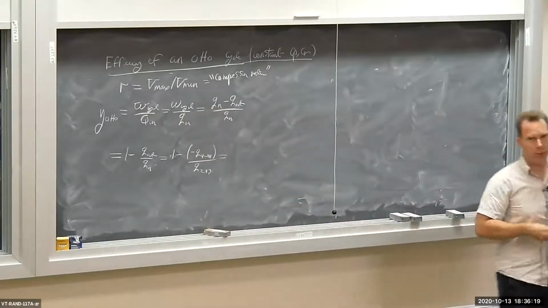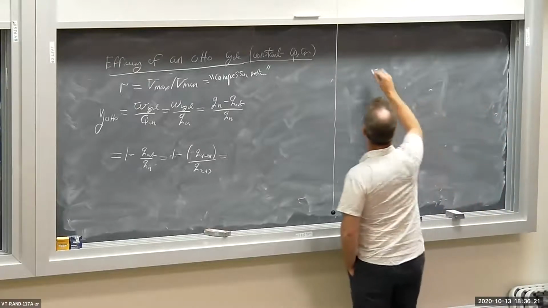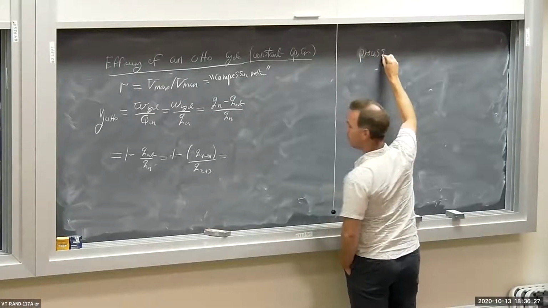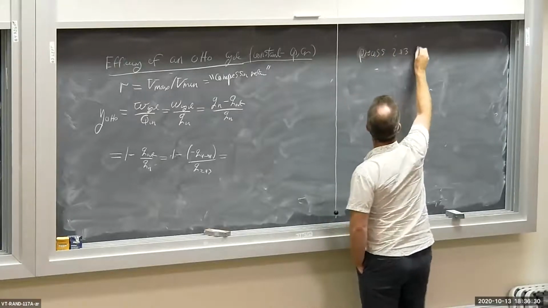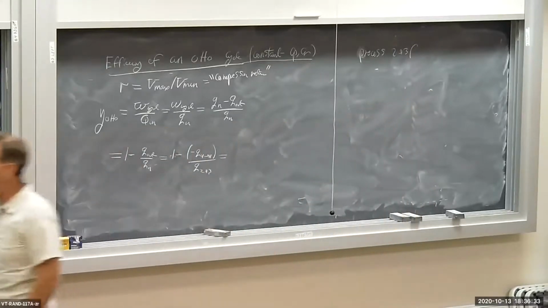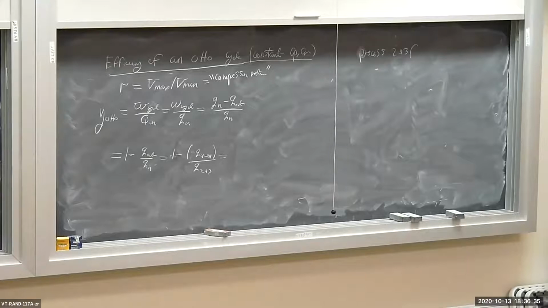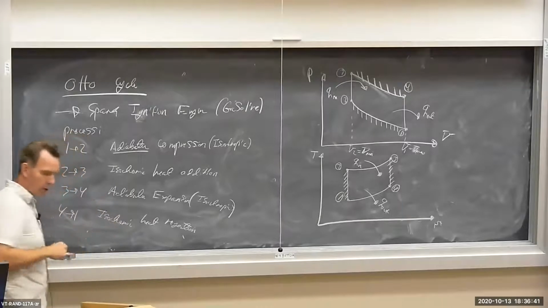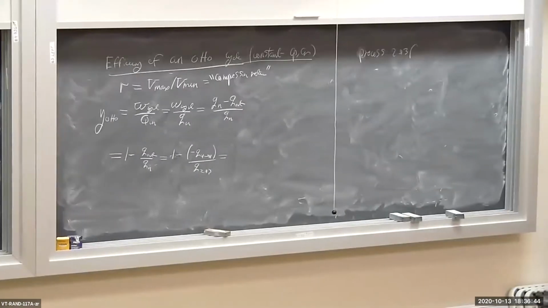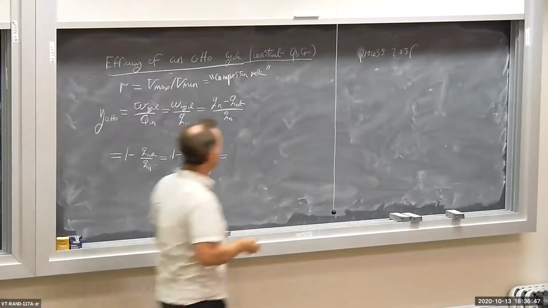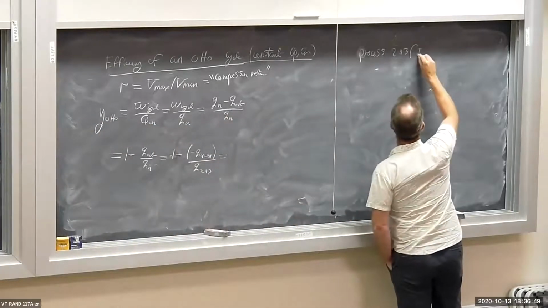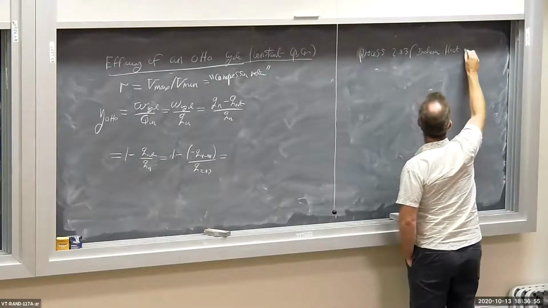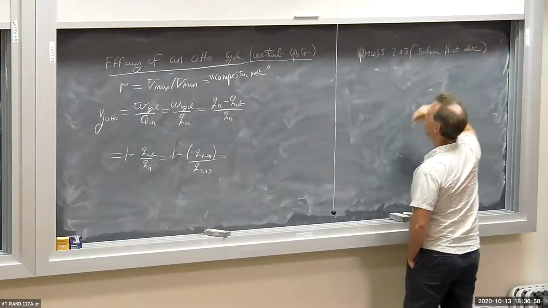Okay, so we need to find these heat transfers, Q2 to 3 and Q4 to 1. Let's look at process 2 to 3. If we go back and look here on our Otto cycle, process 2 to 3 is isochoric heat addition, so constant volume heat addition.